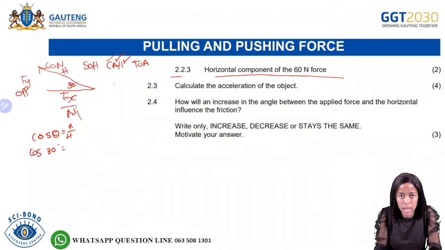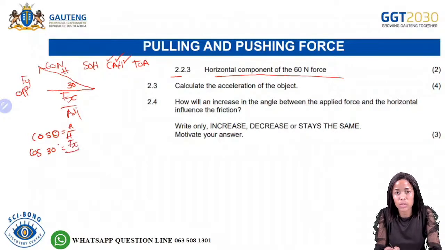And then the adjacent is unknown, it's our Fx, which also represents the horizontal component. And then the hypotenuse is represented by the 60 Newton. So from there, we can calculate the Fx.